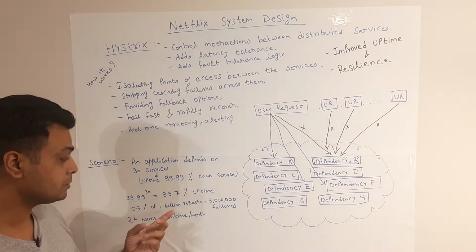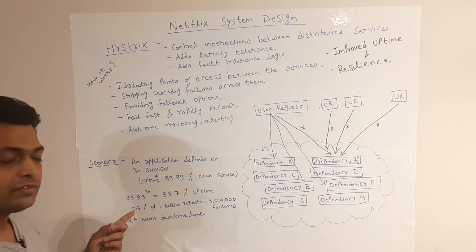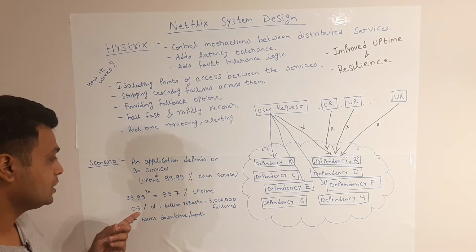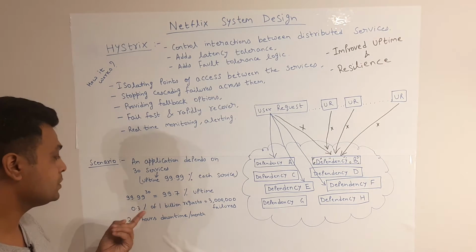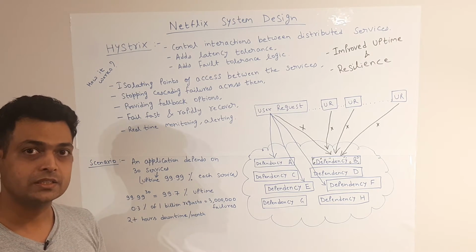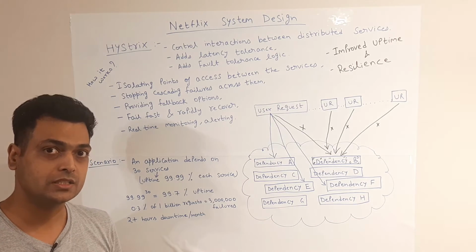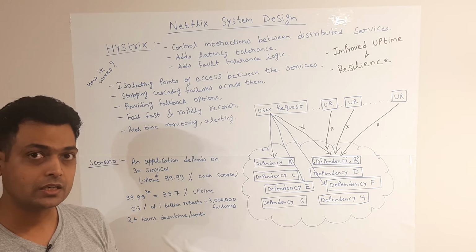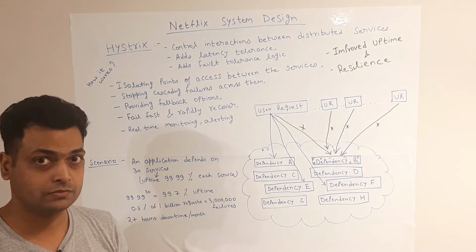Now suppose there are 1 billion requests, and a very small fraction of those requests get the 0.3% of not-uptime. What I mean by that is there might be a delay in the response from those dependency services. There might be some fault that occurred, but that doesn't mean they fail completely.